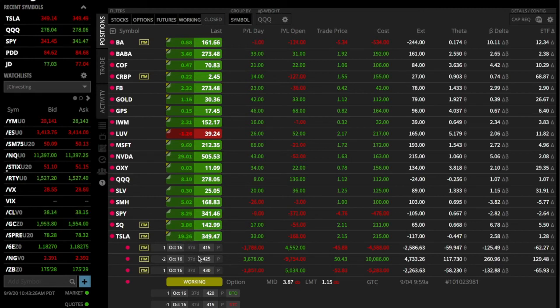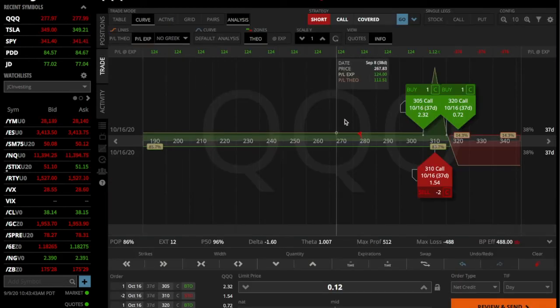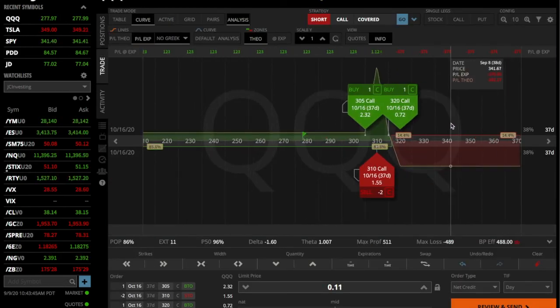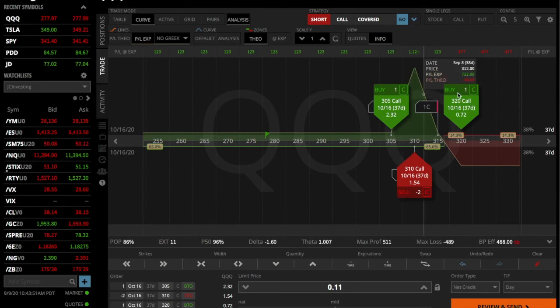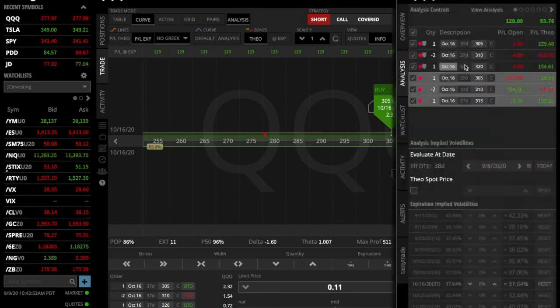But that's what I look to do on probably about half of my broken wing butterflies, especially when the credit is as small as it is in QQQ when we took in $36. Again, I like to take the risk off and look for the price to fall somewhere within my range at expiration.